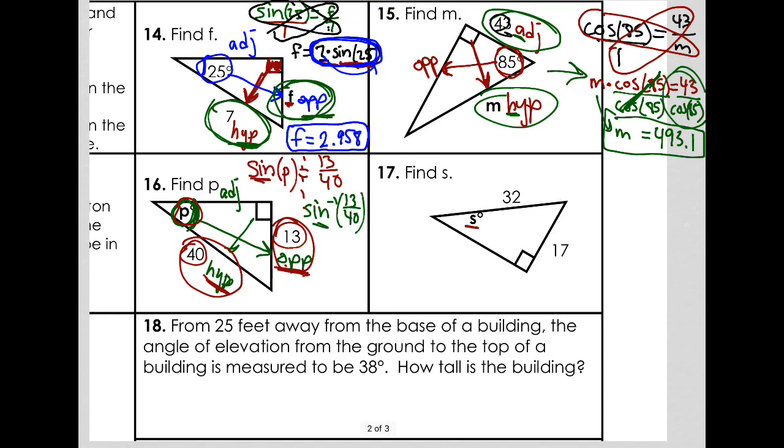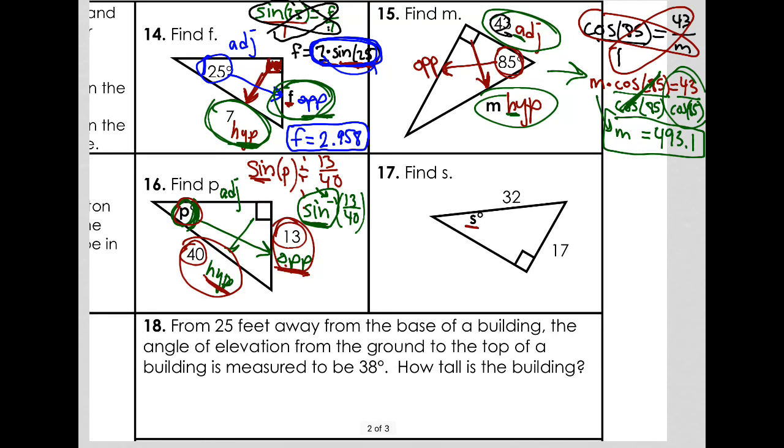Well, how do you get this inverse sine in the calculator? If you're using a TI-36X, go ahead and hit the sine button twice, and you'll see it change to the sine inverse, which has this little -1 looking exponent here. So that lets you know that you're using sine inverse, and then just type in 13 over 40 in the parentheses.